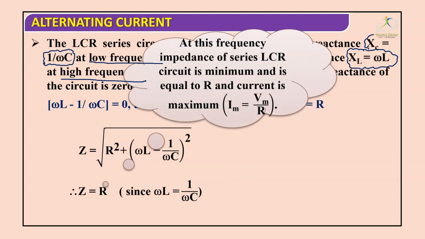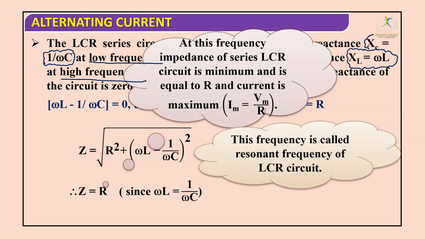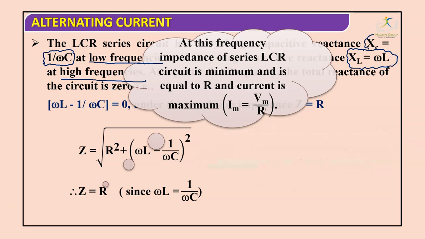At this frequency, the impedance of a series LCR circuit is minimum and equal to R, and the current is maximum, that is Im = Vm/R. This frequency is called the resonant frequency of the LCR circuit, and at resonance ωL − 1/ωC = 0.